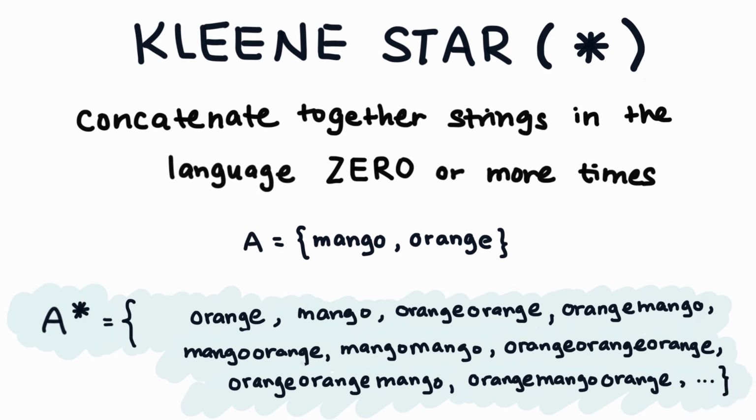Because we can attach the strings any number of times, the resulting language is an infinite set. And because we can also attach the string 0 times, the empty string is always going to be in the resulting language of a star operation as well.